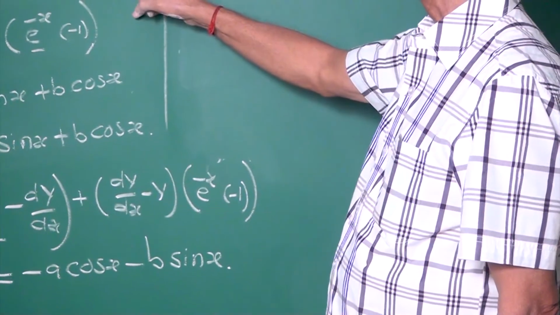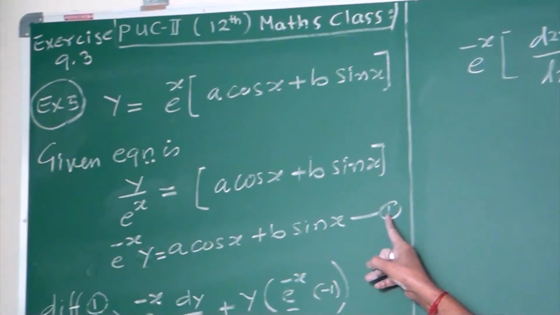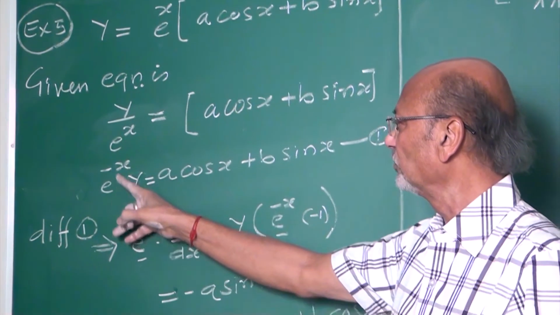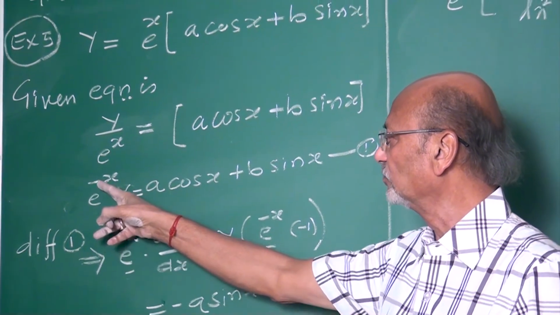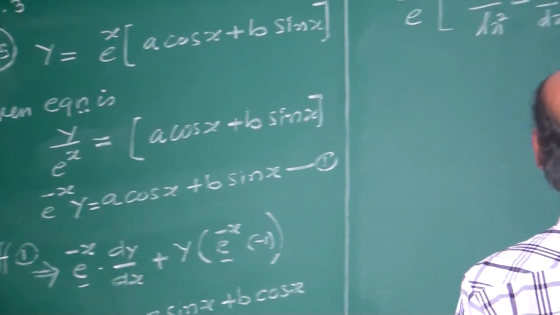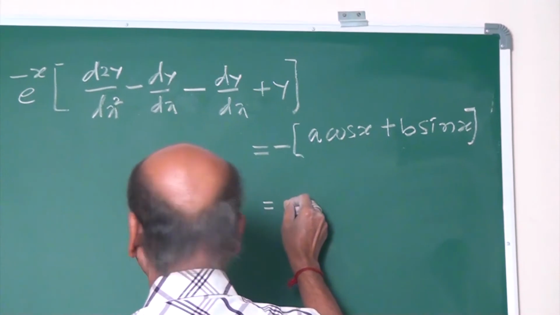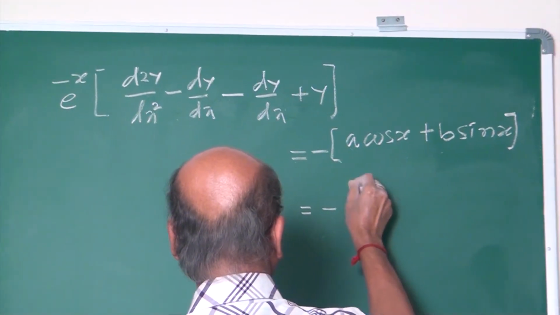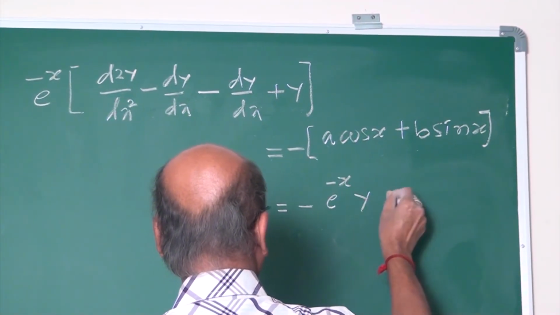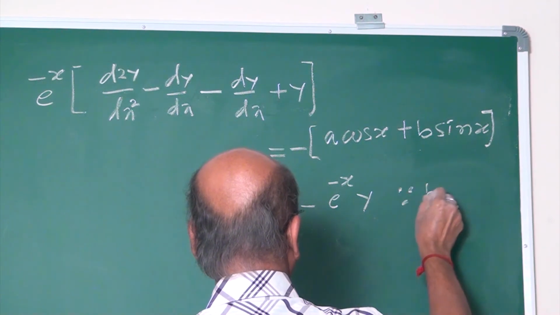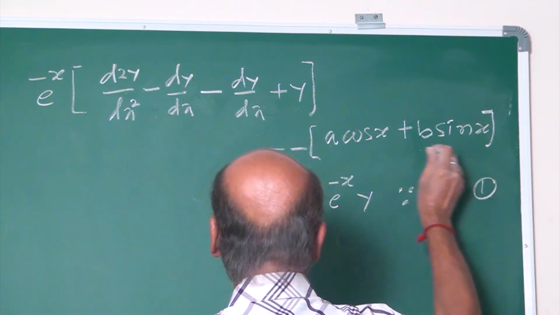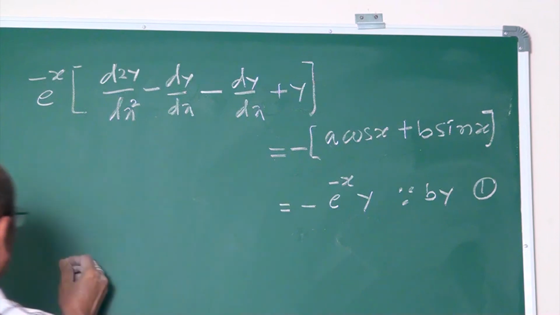But what is this by equation 1? It is nothing but e to the power minus x into y. So it equals minus e to the power minus x into y. Divide both sides.